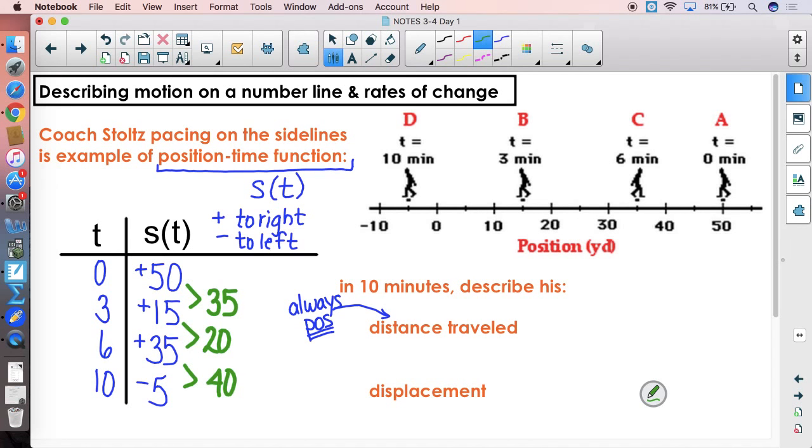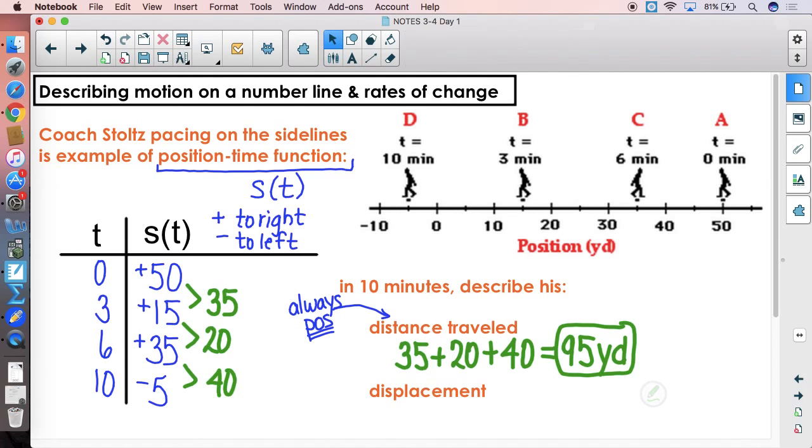Therefore, his total distance traveled would be the sum of 35 and 20 and 40. Again, not caring really what direction he walked, just putting on the odometer that's going to check how far he walked, 95 yards. We're not indicating a direction he walked because, again, distance is not dependent on direction. We just want to know in general how far did he walk.